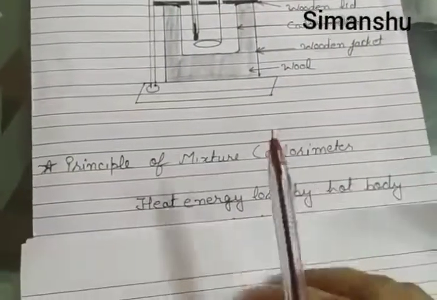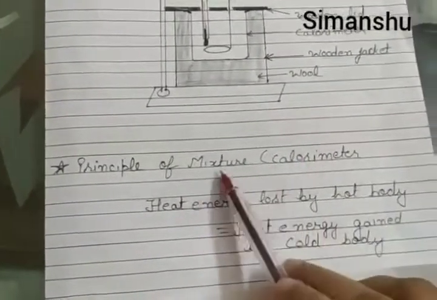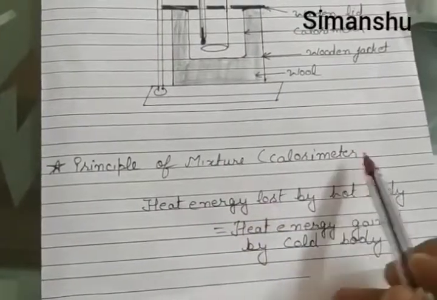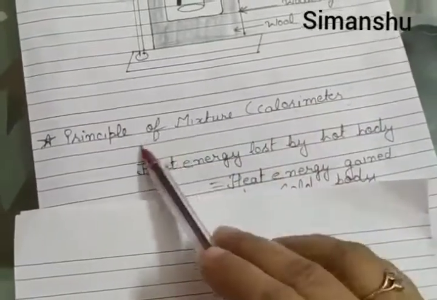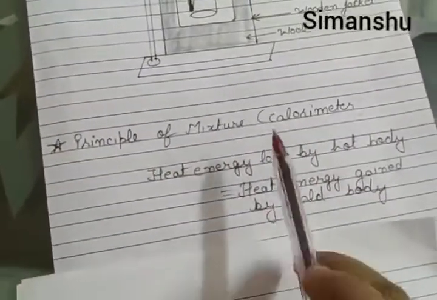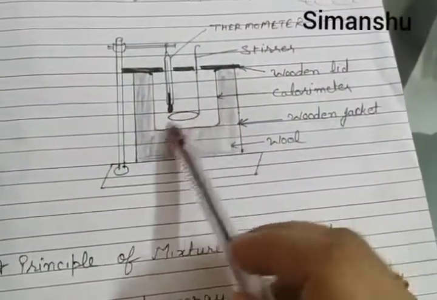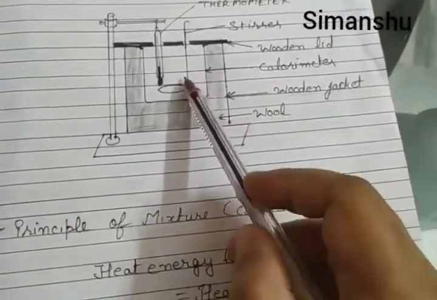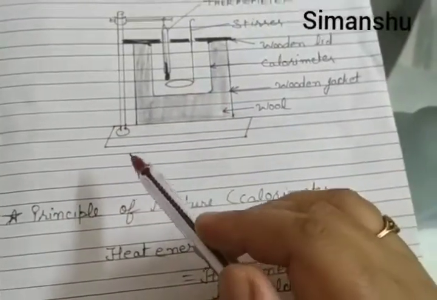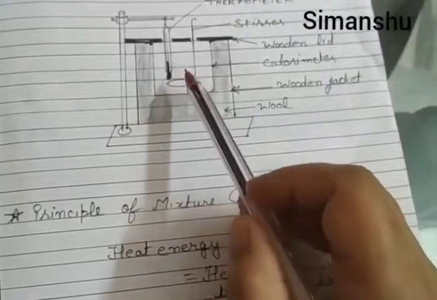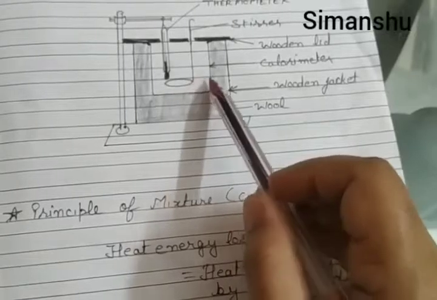Then, next is the principle of mixture. We already did it in the previous section. Sorry, let me tell you, whatever we talked about earlier as the principle of calorimeter, the same we also call the principle of mixture. When we add two materials in a calorimeter, for example first there was a liquid, like water, and afterward you kept an iron rod at high temperature inside it, the iron is going to lose some heat.